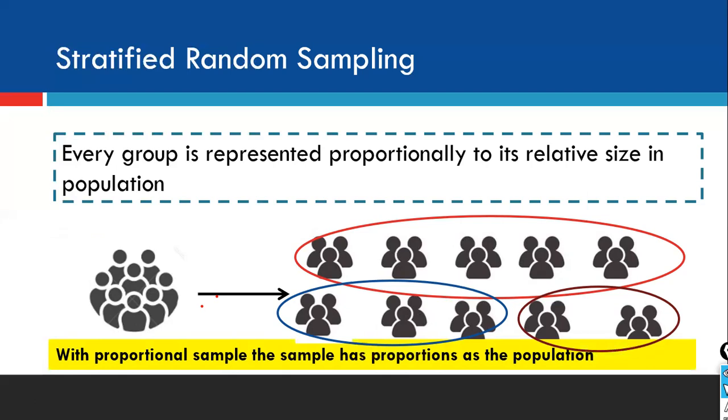So for every 1000 mobile phones sold by a mobile store, 500 are Samsung, 300 are MI, and 200 are iPhones. If you want a sample of 10, we need to select from each group proportionately. So here 500. My sample size is supposed to be 10. How much should I pick up from here? 5, 3, 2, right? 10.